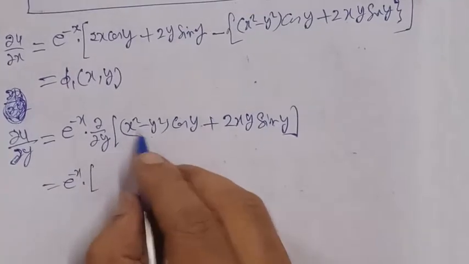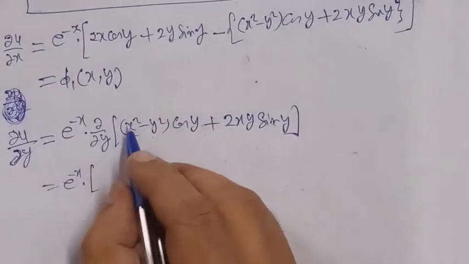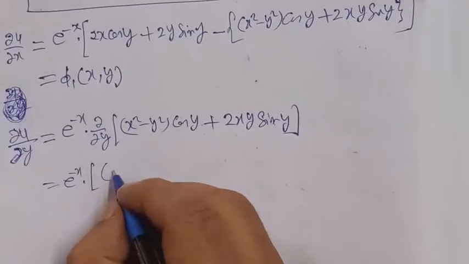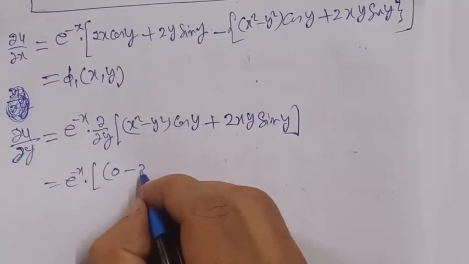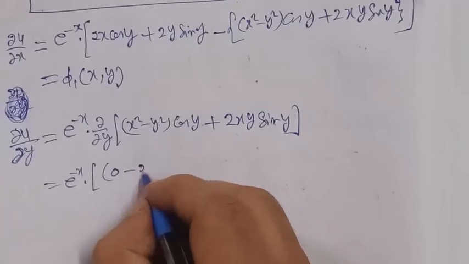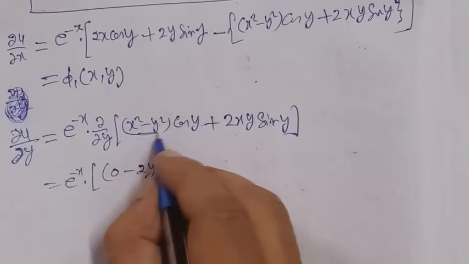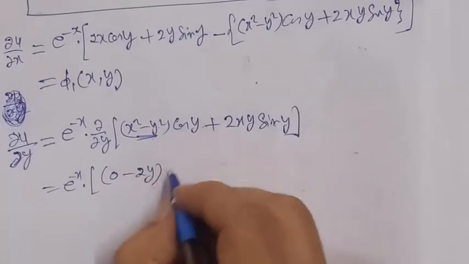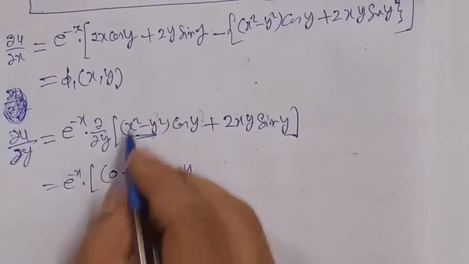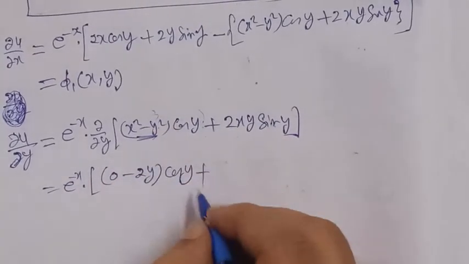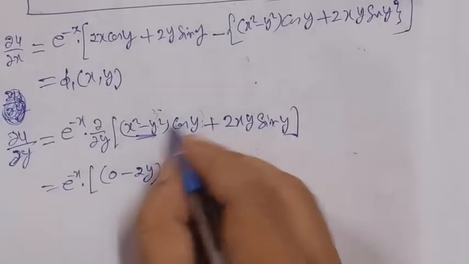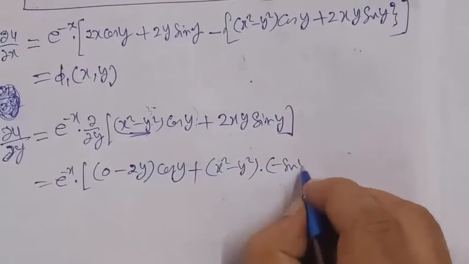Now we differentiate this value. Because x is constant for y, the differentiation of x square is equal to 0, and differentiation of y square is 2y. First function as it is, differentiation of second, plus second function as it is, x square minus y square, differentiation of first function, minus sin y.